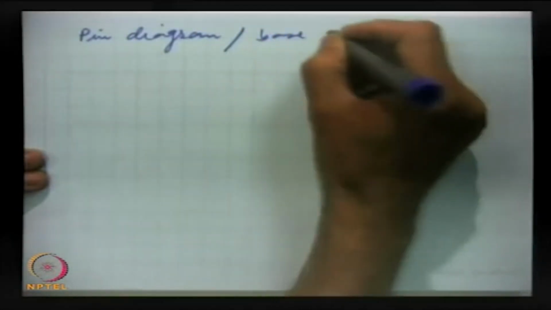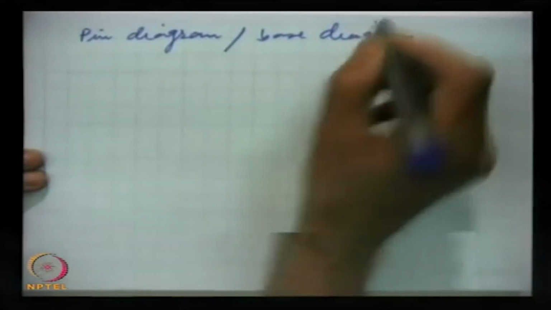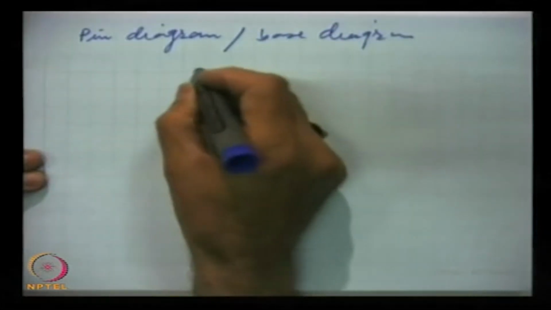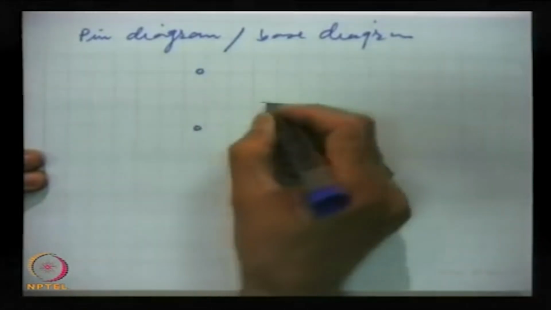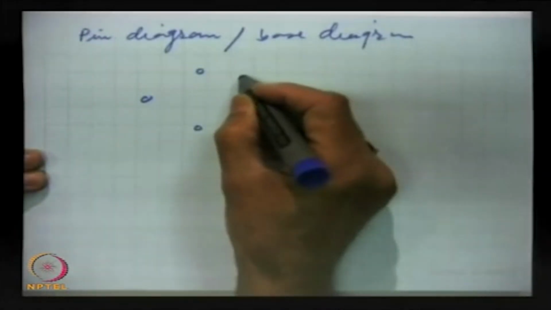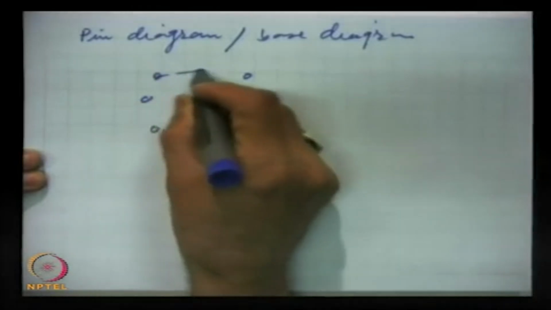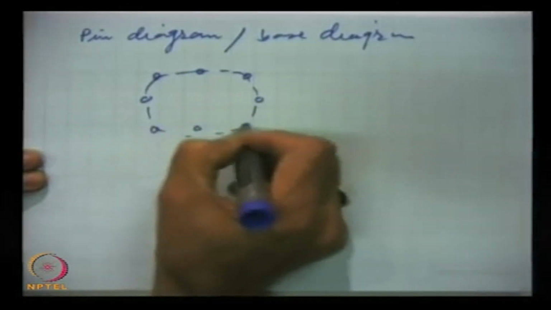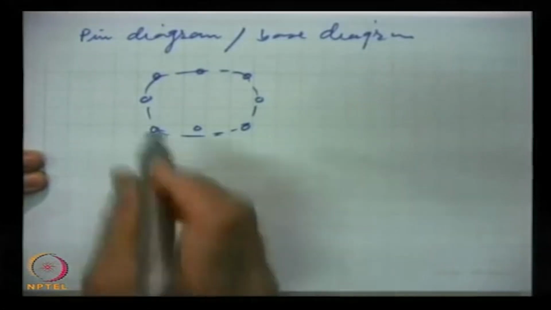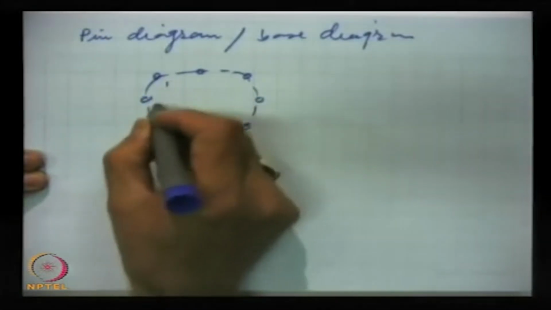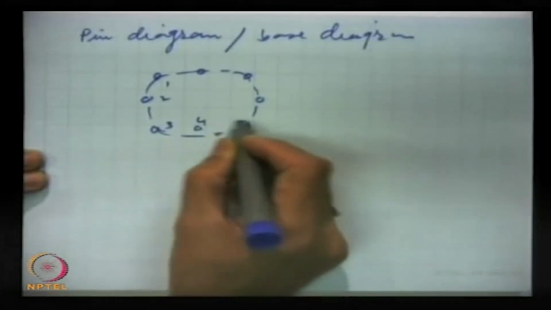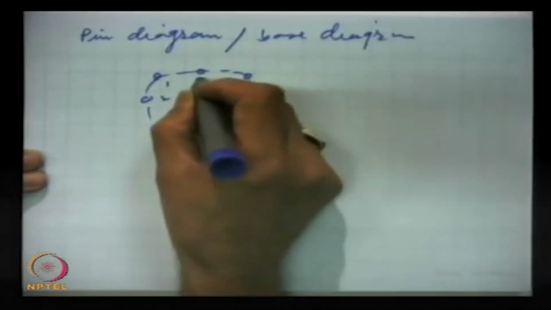The base diagram, the pin diagram, is like this. These are 8 pins, 1, 2, 3, 4, 5, 6, 7, 8.